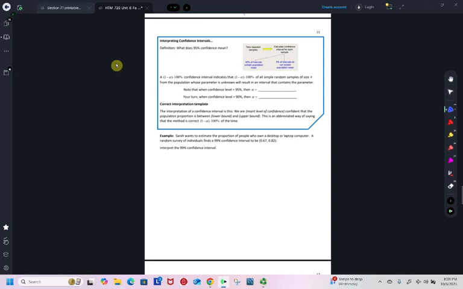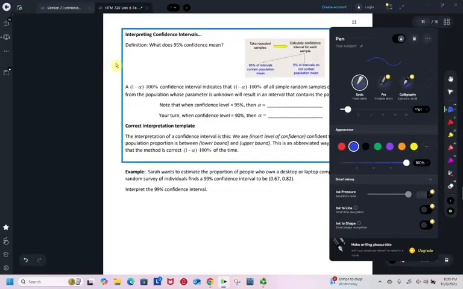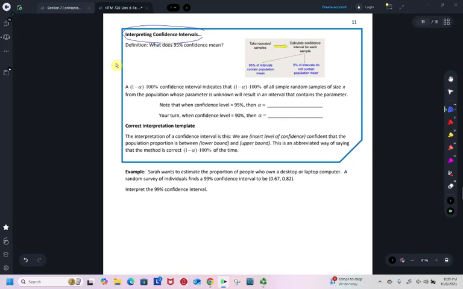In this video, we begin by learning how to interpret the results we get from computing confidence intervals. When the confidence level is 95%, there is a quantity we call the level of significance of a test, which we're going to see in the next lesson, but I want to start preparing you for that.